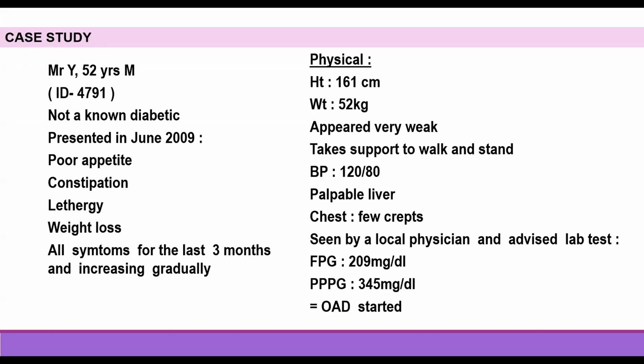I could not relate the amount of symptoms to the amount of hyperglycemia the patient had. I thought this is something we have missed, because this blood glucose level cannot cause this much weakness in a 52-year-old man, quite young, taking support to walk and stand.